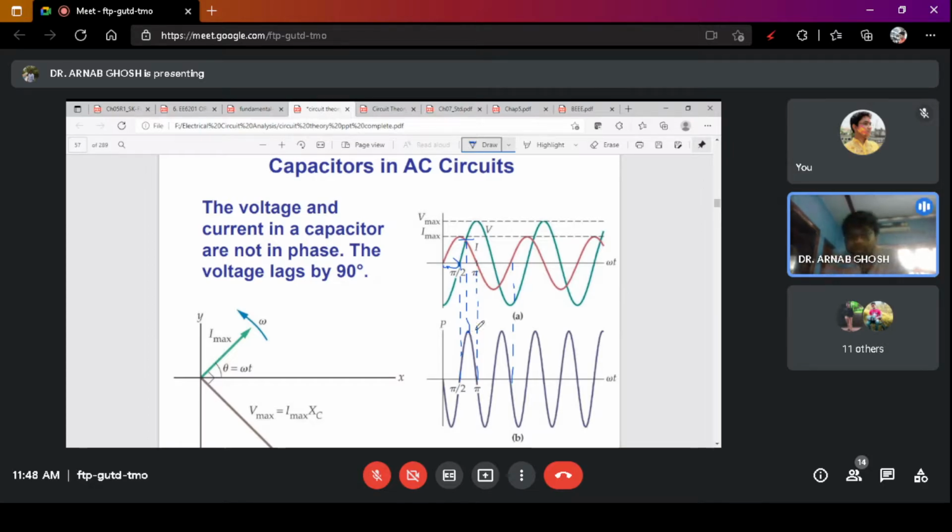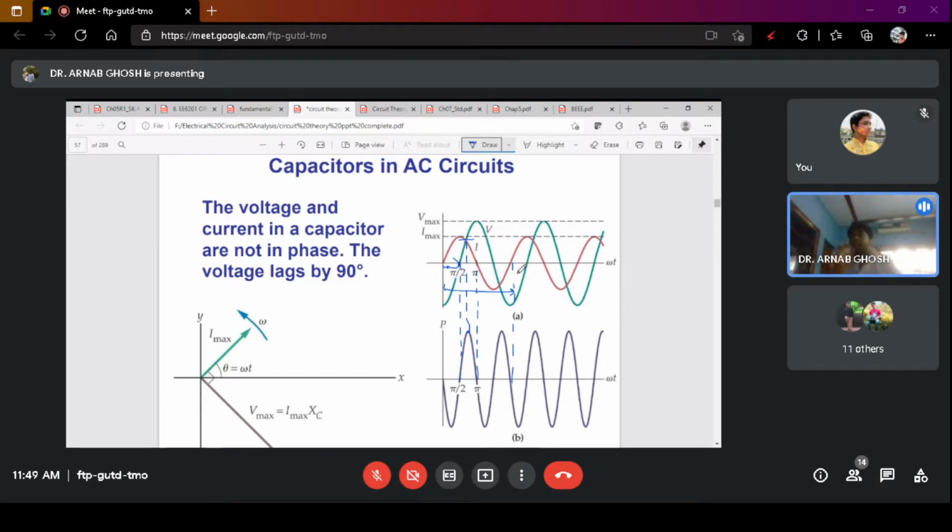Now you see, this is one complete current wave from here till here. This is one complete wave that has a crest as well as a trough. Under the same time interval, this is one wave and this is another wave.